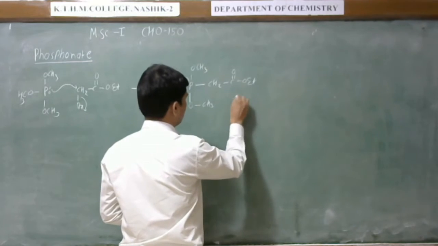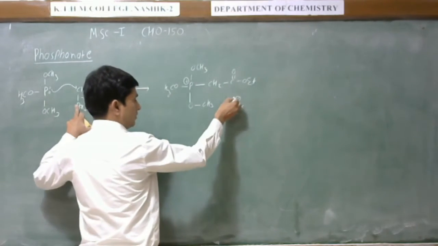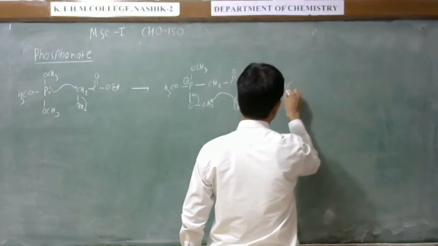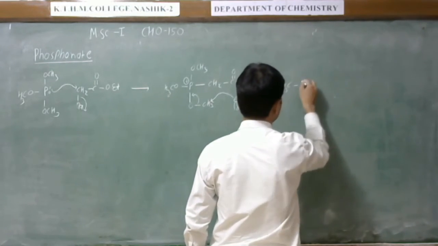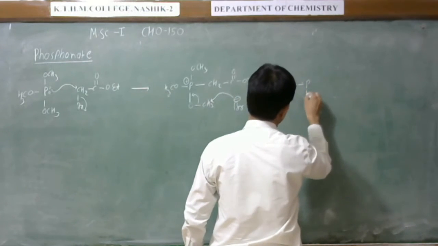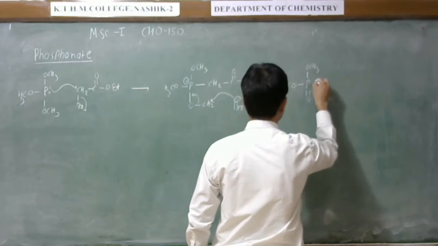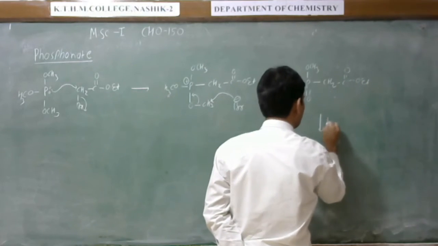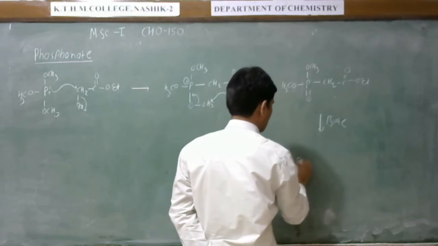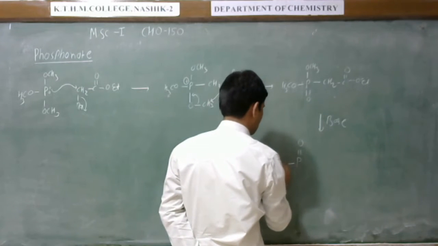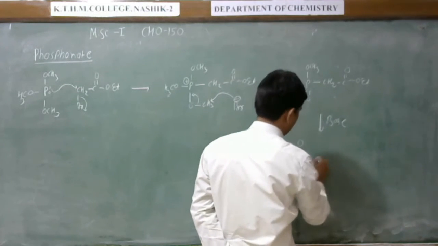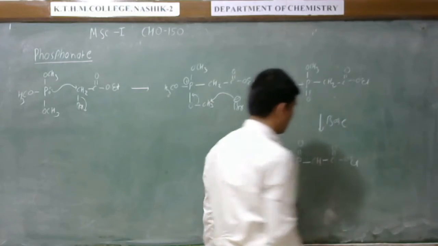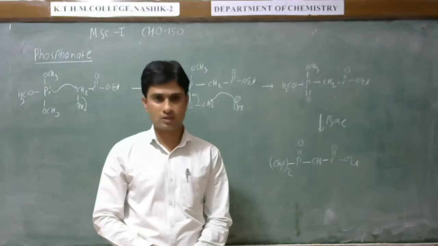Now the bromine which was removed will be attached to this CH2, this bond will be shifted here, and we get OCH3, phosphorus, OCH3, phosphorus double bond oxygen, OCH3, and this is the CH2, C double bond O. Now by using this, we can generate a carbanion at this carbon atom, and here is the formation of phosphonate.